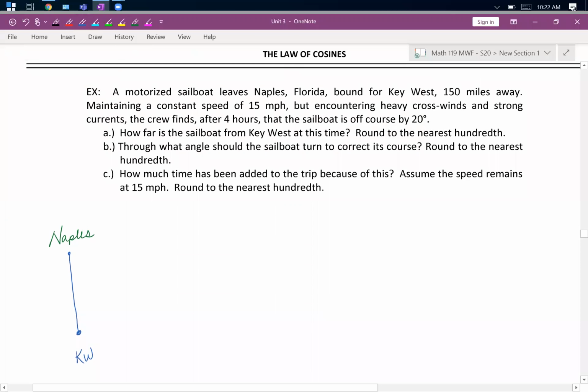All right, so it says that the distance between Naples and Key West is 150 miles. So the boat starts going from Naples to Key West, constant speed of 15 miles per hour, sails for 4 hours, and now the boat is 20 degrees off course.